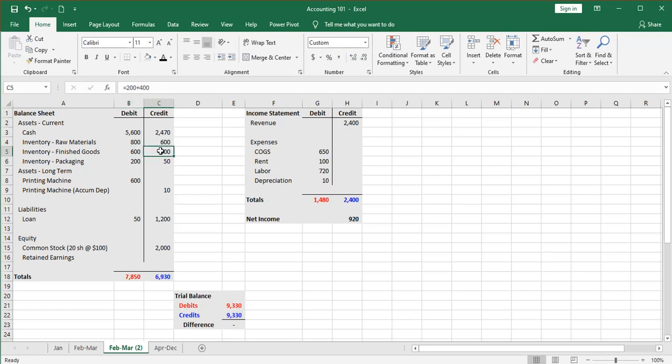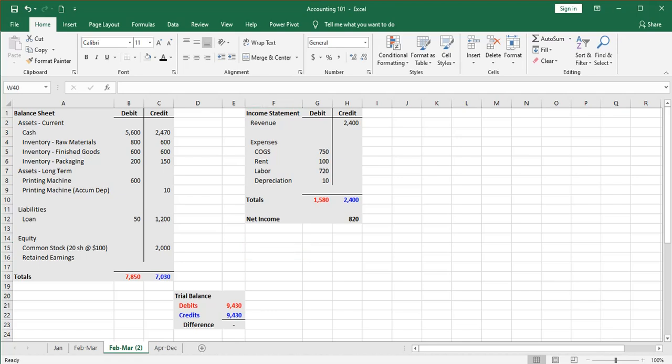And I also need to recognize COGS for another $100 for packaging. That took out 2 months worth of packaging. We've been spending about $50 a month, so there's another 100 there. So at the end, I've got a few more housekeeping entries to go, but we've got a good looking trial balance. Let's finish up with those housekeeping entries.